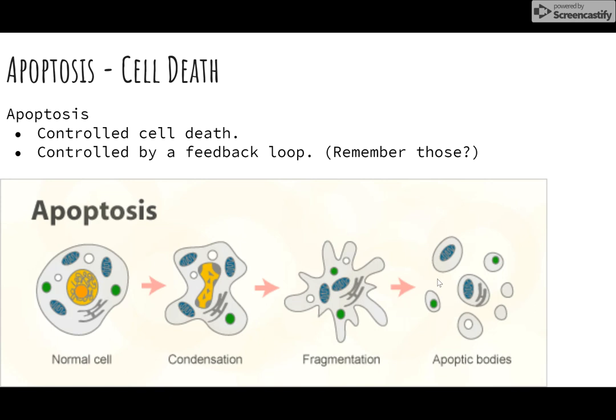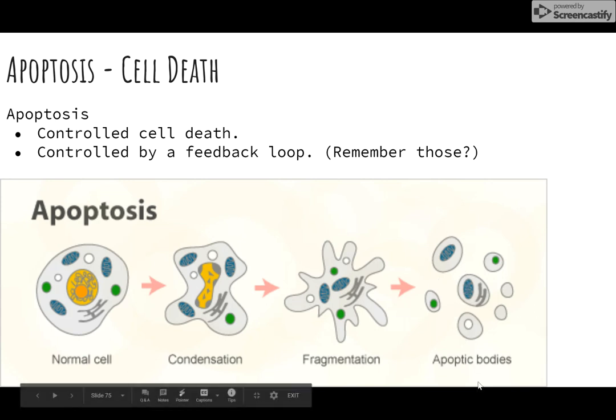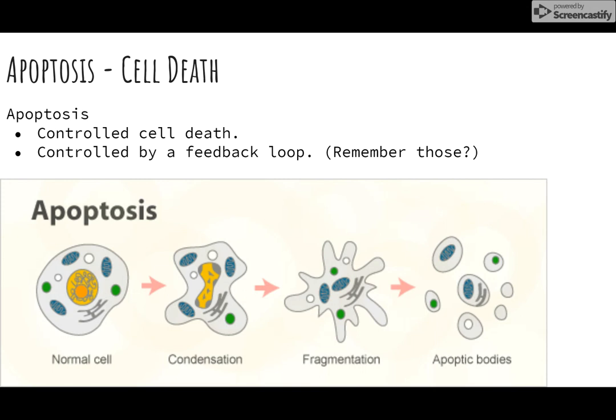And as it does that, it pinches off, forming what we call apoptotic bodies, but those are really just bubbles of cell parts that can then be absorbed by the surrounding cells and reused and recycled for their own purposes.